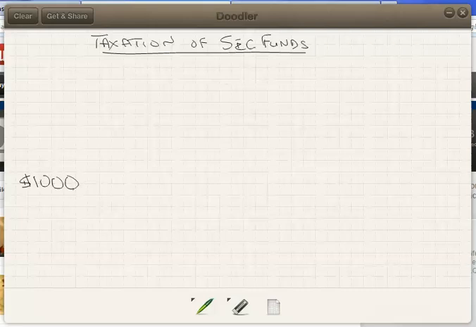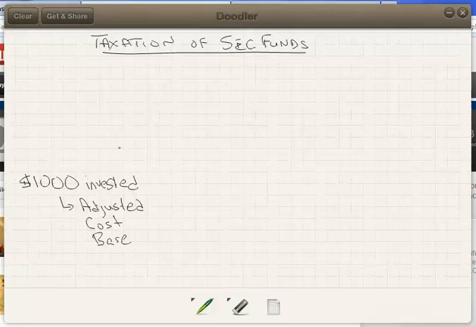So let's say we have somebody who invests $1,000. Now we know that the amount that you initially invest for the terms of a capital gains calculation is referred to as your ACB, your adjusted cost base. You'll note that we're not dealing with adjusted cost basis like life insurance.